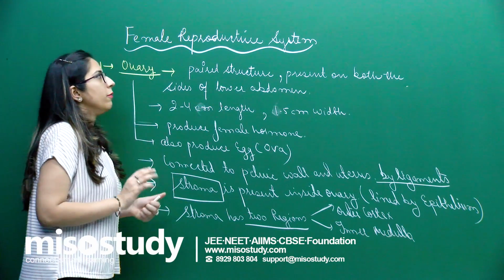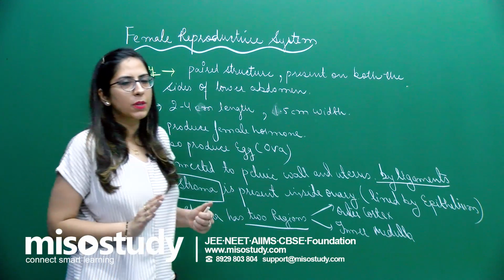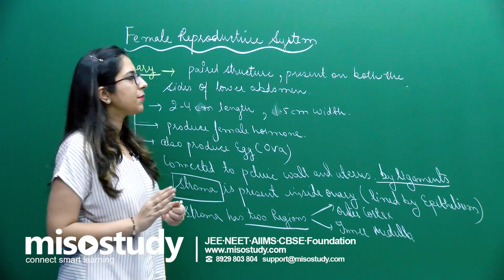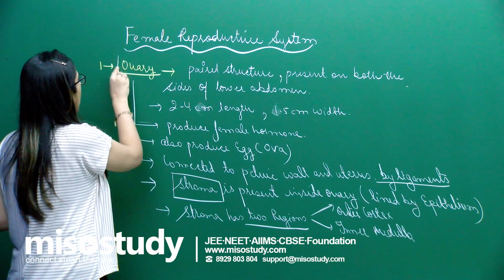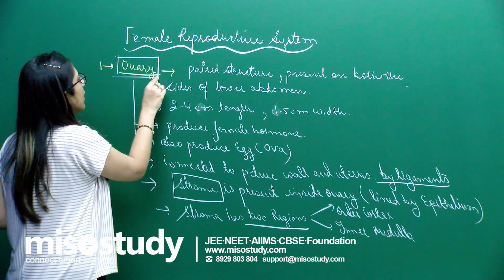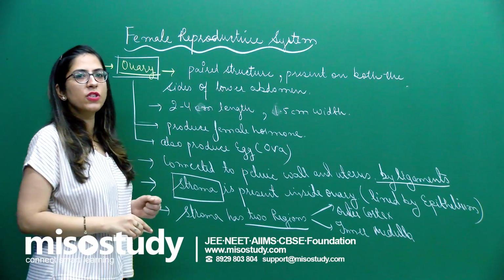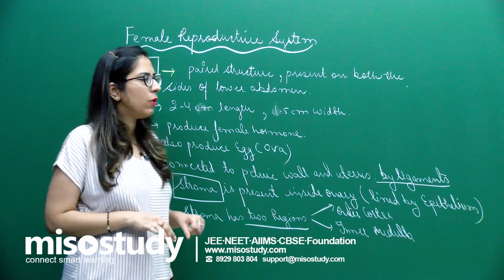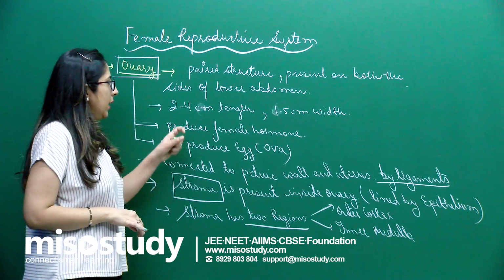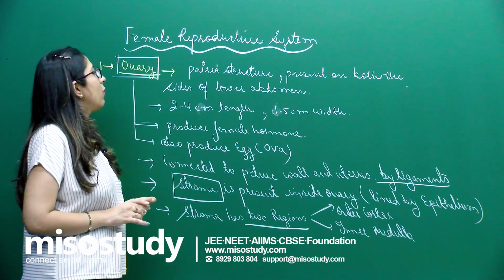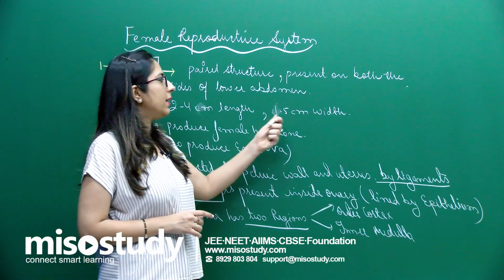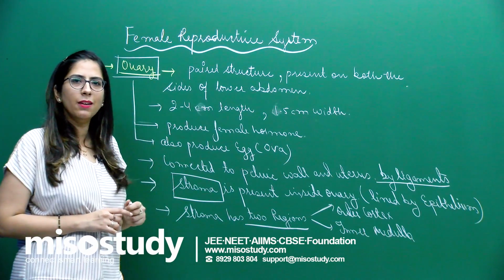Now, we are discussing the female reproductive system, and first of all I am discussing the ovary. Ovaries are paired structures present on both sides of the lower abdomen. They are around 2 to 4 centimeter in length and 1.5 centimeter in width.